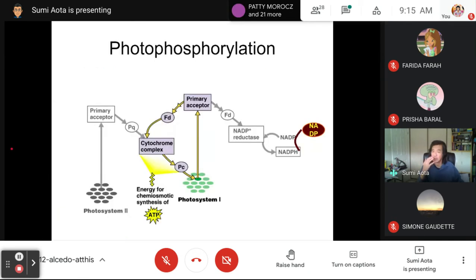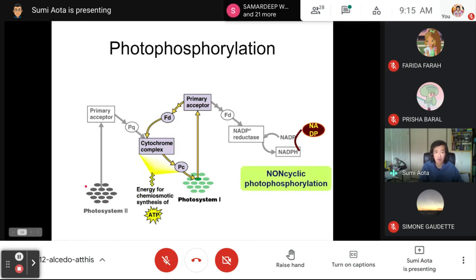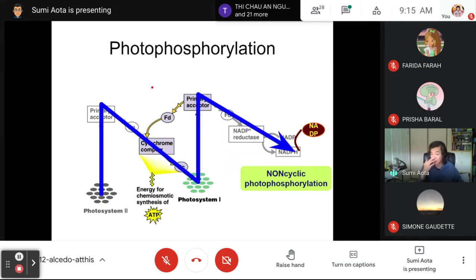Okay? So in photophosphorylation, non-cyclic means energy comes in this side, electrons come in from water, pass through the system, and make NADPH. Okay, so it's that pathway for non-cyclic. So you get ATP and NADPH both.